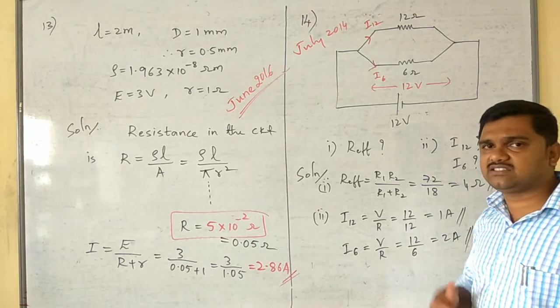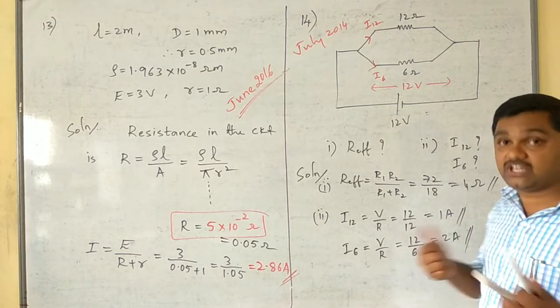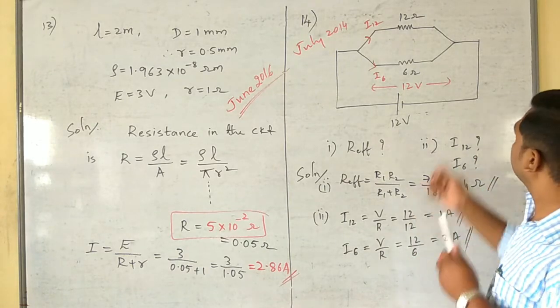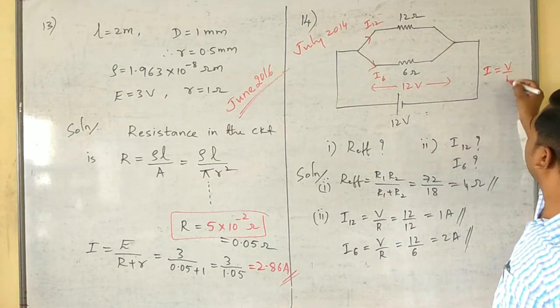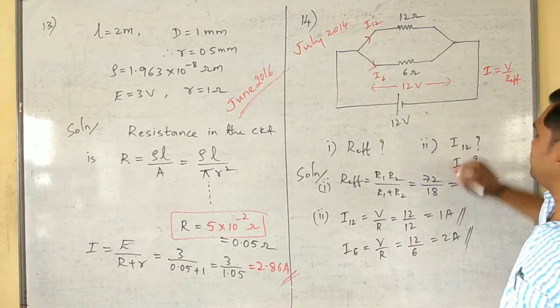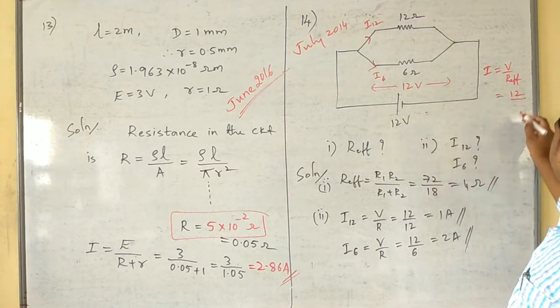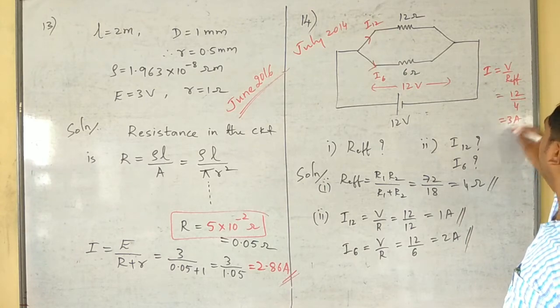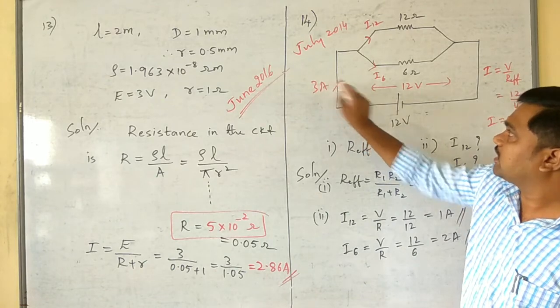Now let us cross check whether the current is 1 ampere plus 2 ampere, 3 ampere or not. For cross checking, I is equal to V by R effective formula you can use. V is 12, R effective 4, therefore this is 3 ampere. Correct. Totally 3 ampere will come.